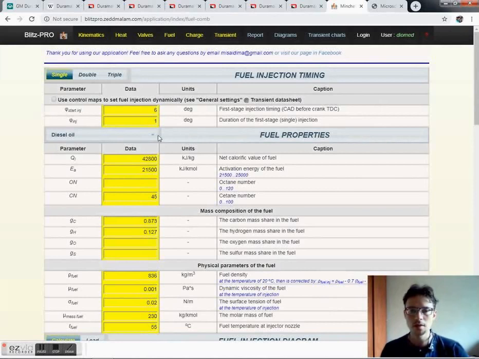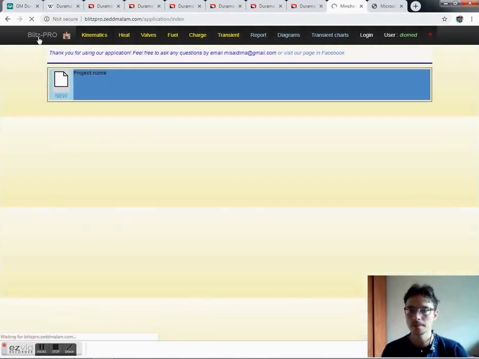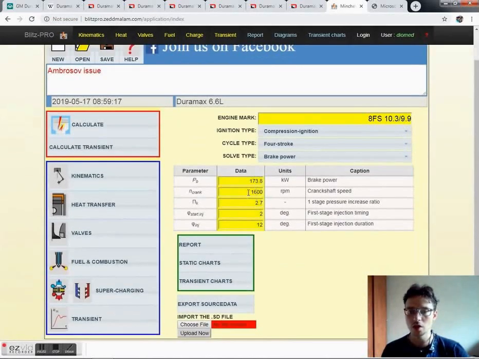Let's set the start of injection about 2 degrees before top dead center, and the duration of injection about 12 degrees. We will calculate the operation of the engine at the maximum torque, not at the maximum power mode.